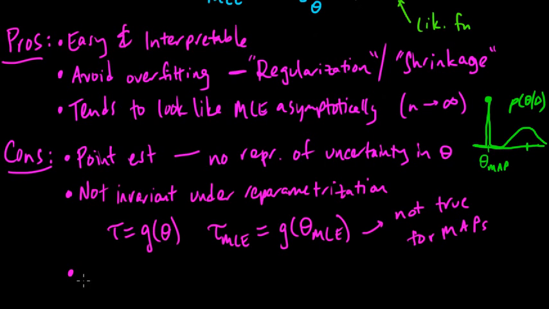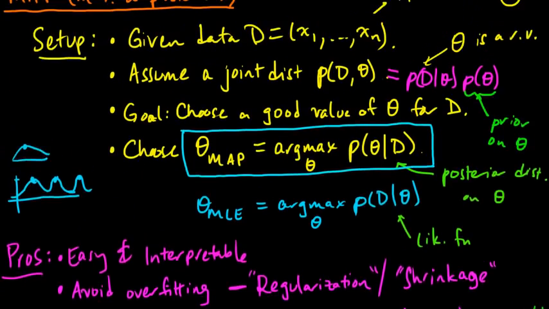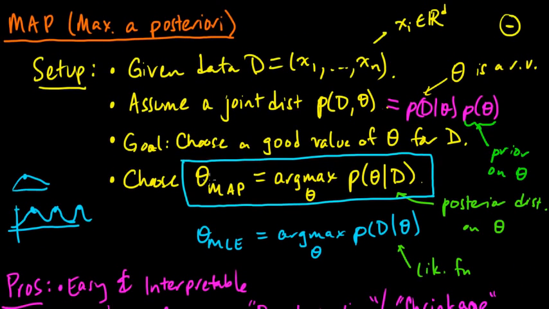So a con is we must assume a prior on theta. A lot of times people don't like methods where you have to assume priors because you may not have a good reason for choosing one prior over another. So that's MAP estimates, some advantages and disadvantages, and that's the definition.